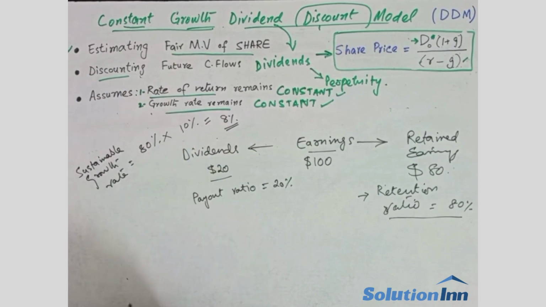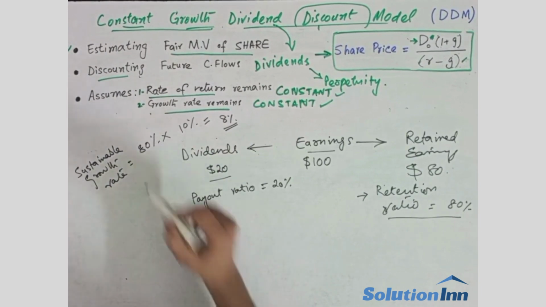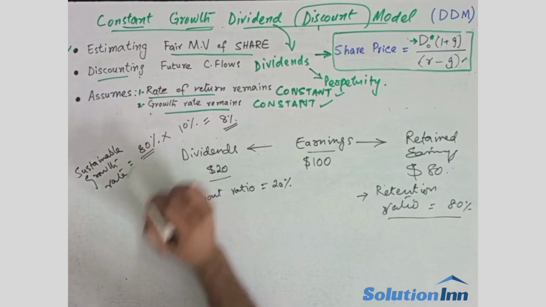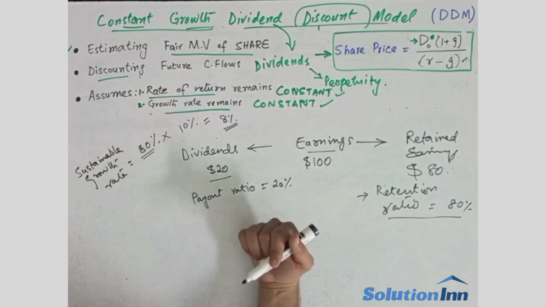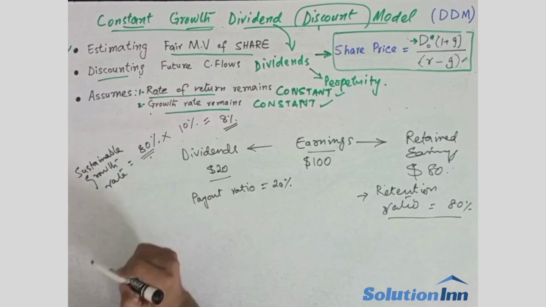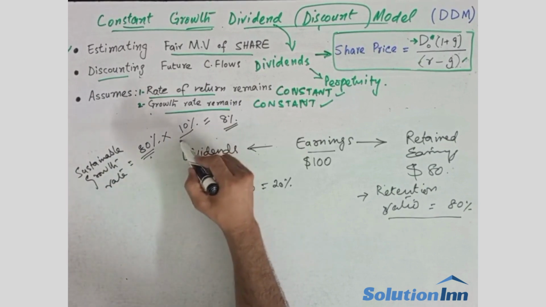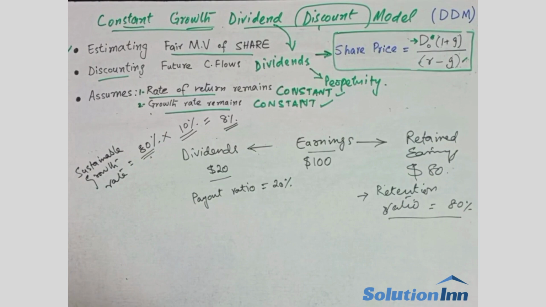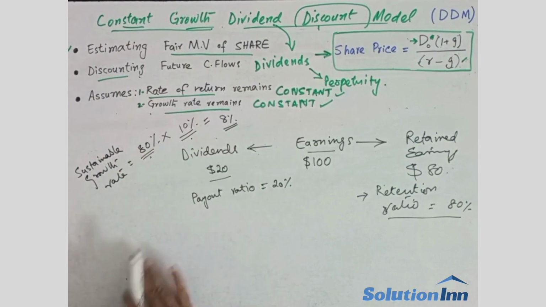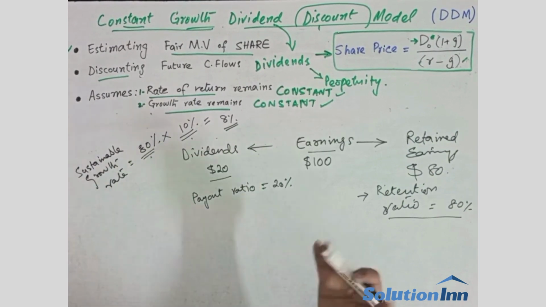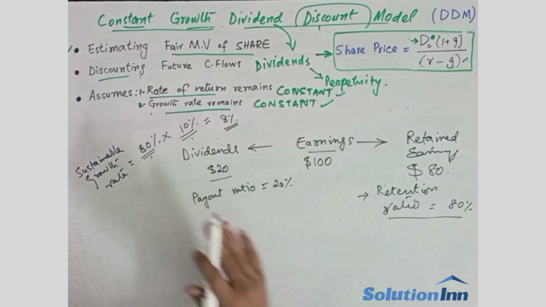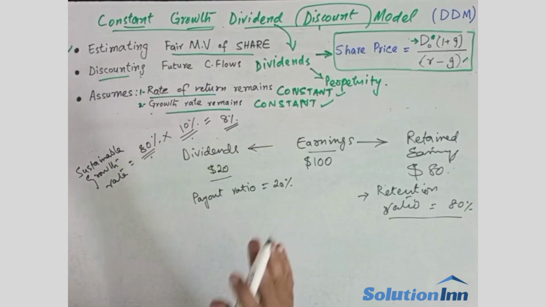So this growth rate would be constant, because out of this 80% that the company retains every year, this is constant, and the company's return on equity is also constant. The company has set its target to achieve at least 10% every year as return on equity.